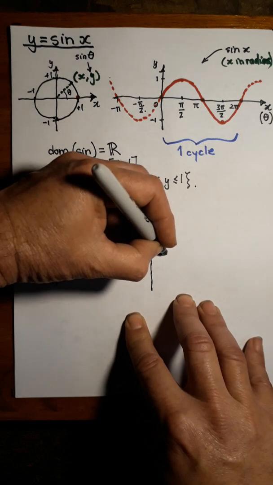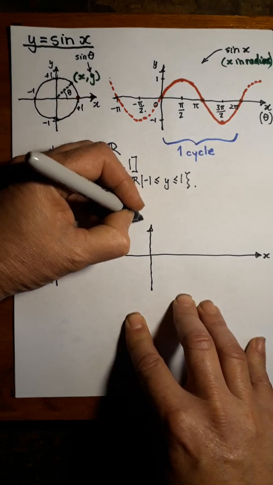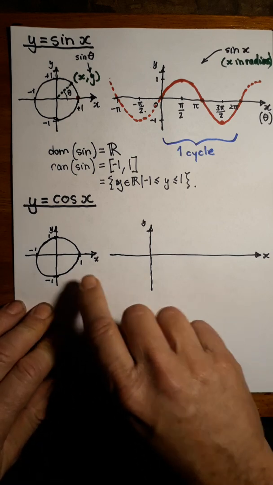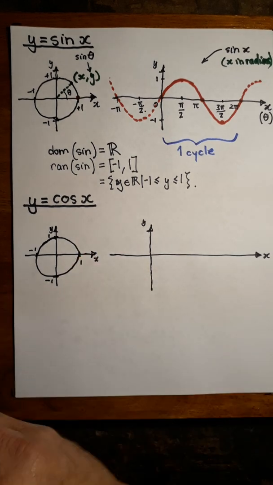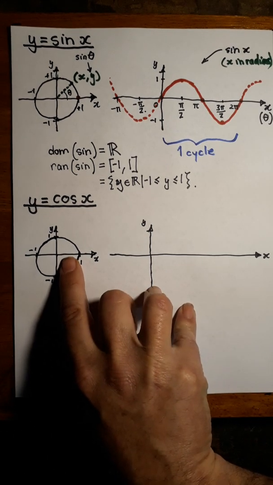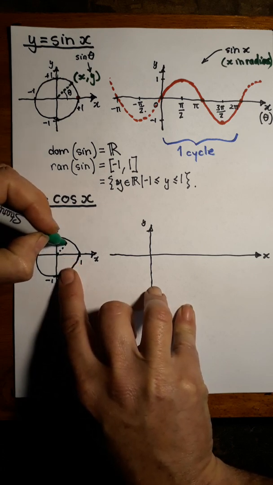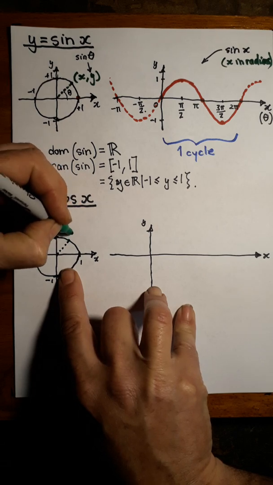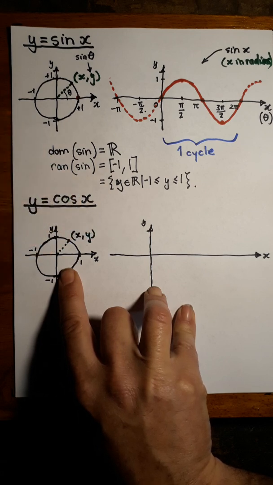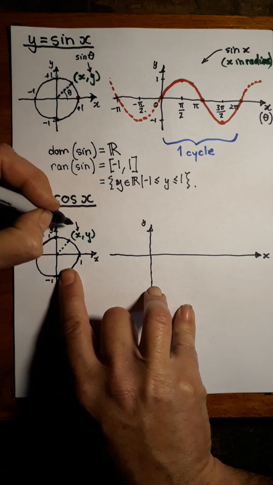and draw the x-axis across there. Here's our y-axis. Now, let's just go back here as we did for sine and just note that when we're measuring cos, I'll just put an arbitrary point on this circle, so say somewhere up here as I did before, and there's the coordinate xy, and we measure cos from the x coordinate.